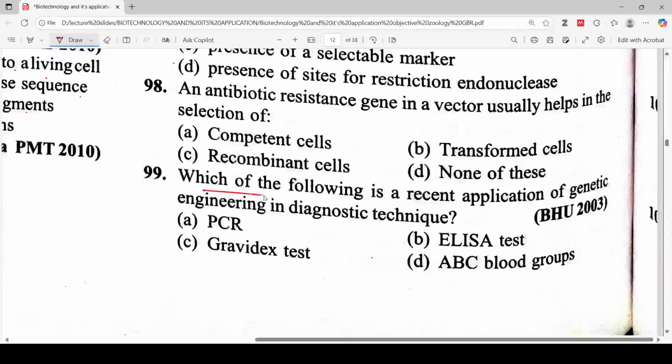Which of the following is a recent application of genetic engineering in diagnostic technique? So here four options are given. You have to choose the correct answer. So the correct answer will be the ELISA test. So next question.